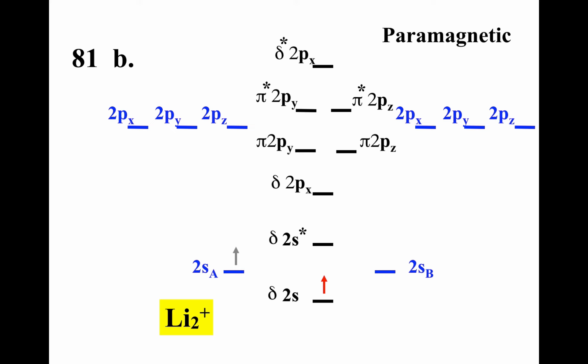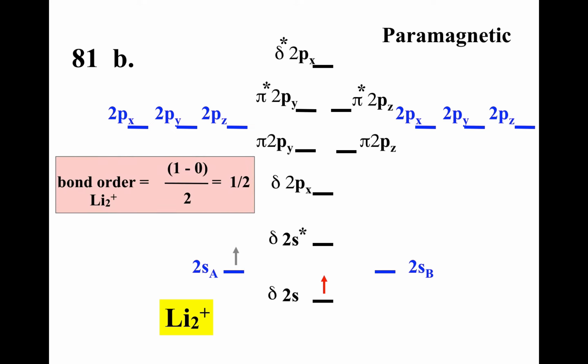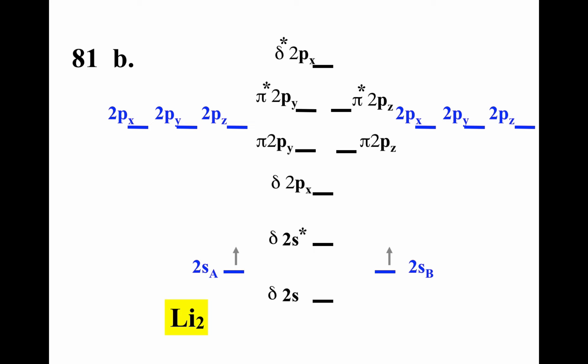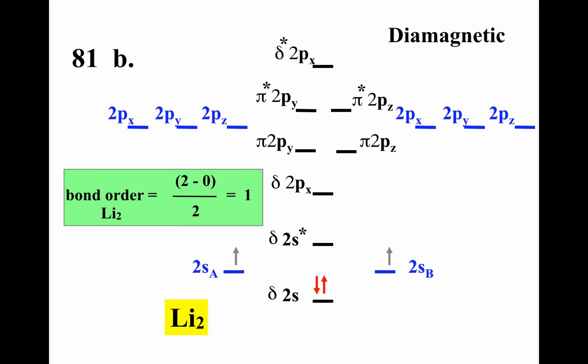So it's going to be a paramagnetic molecule. 1 minus 0 divided by 2 gives me a bond order of a half, so that's stable enough. And if I put another electron in there and get Li2, I get more electrons in bonding orbitals, and I get a better bond order. All right, so even more stable. So that's the answer to B.